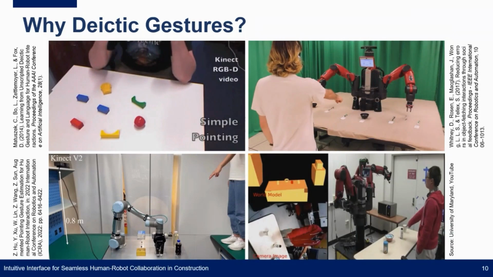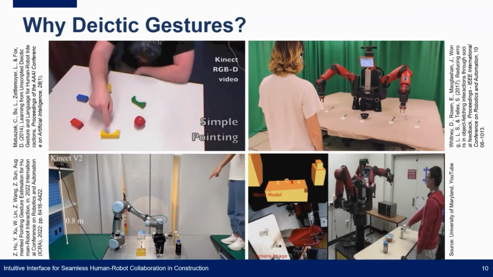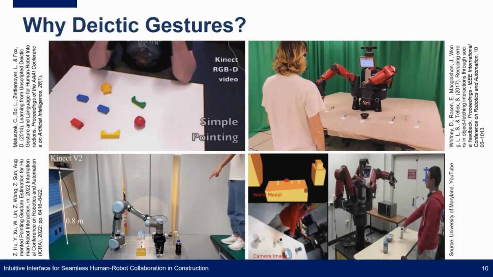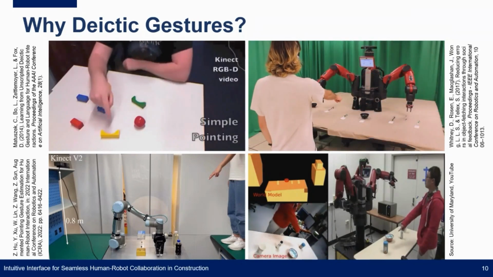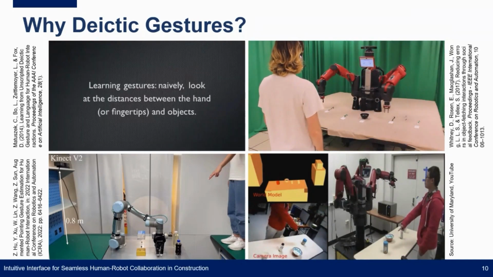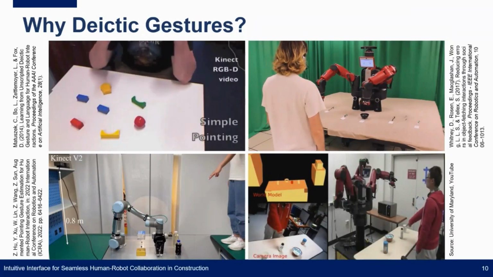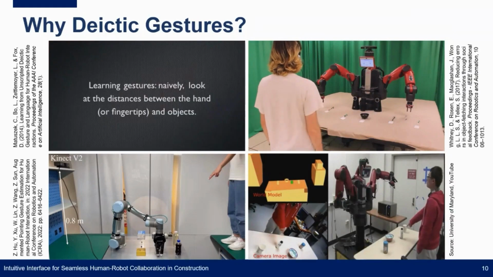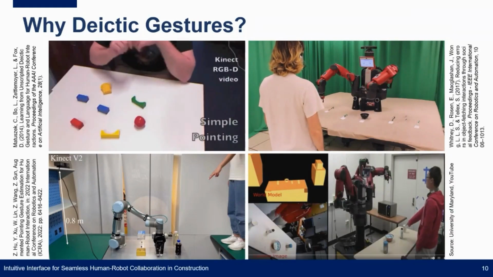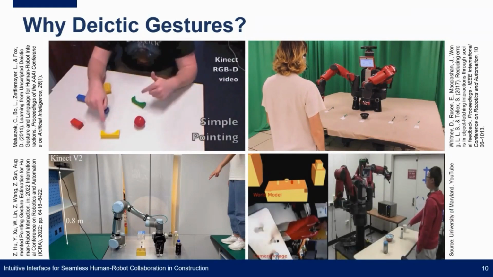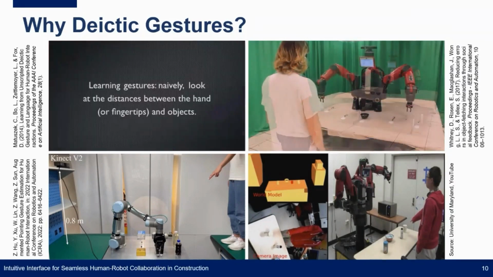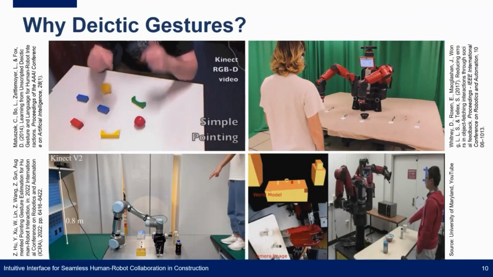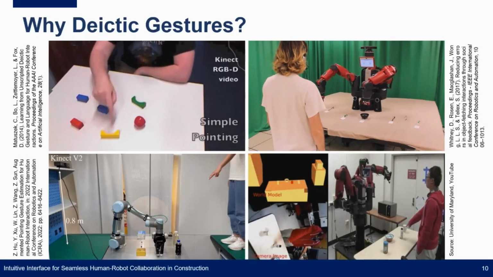Deictic gesture has been widely researched in the general robotics field as one of the communication channels over the past decade. Deictic gesture can be an efficient and convenient way to convey specific intentions, especially in scenarios where verbal communication may be challenging.